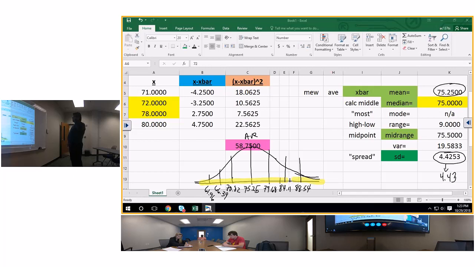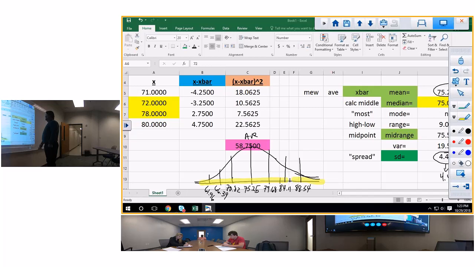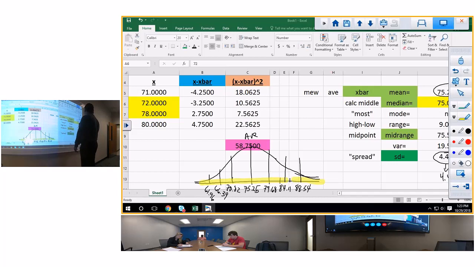Let me go to the white screen, because we're going into something very important here. This is kind of the basis of statistics, as far as the graphic. Let me go to the whiteboard.